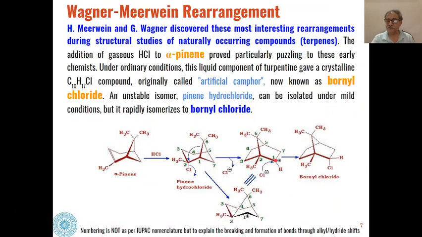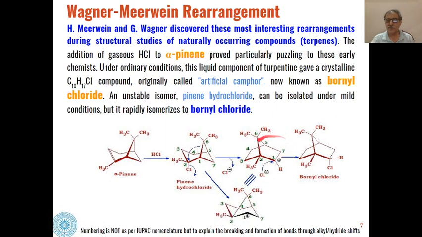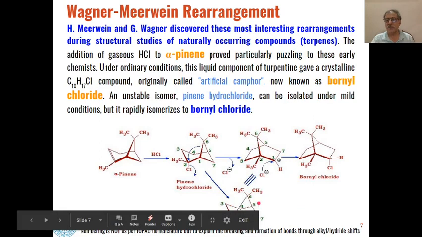One is our carbonium ion, then 2 is attached to 6 with these 2 methyl groups, and the rest of the molecule I have written like that. So this carbocation is equivalent to this carbocation, and then this can interact again with chloride ion at this place, and we will get bornyl chloride as the product.